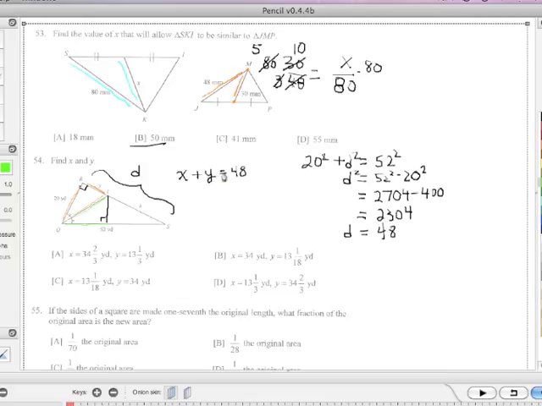These sides they share, so these are the same. These angles are the same measure, and this 20 and this 20 have to be the same.